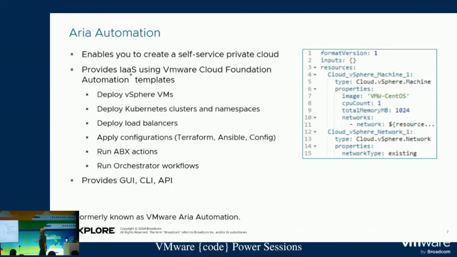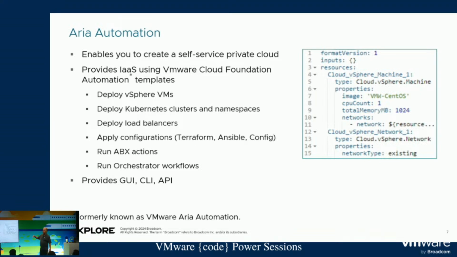In this particular example, if you look at lines 3 through 15, you can see that if a user requests a deployment from it, this template's going to deploy one vSphere virtual machine and plug that virtual machine into a network. Now, we can do much more than just that with these templates.